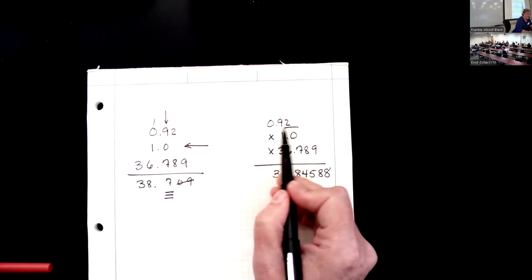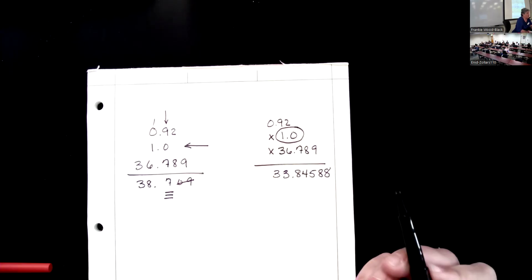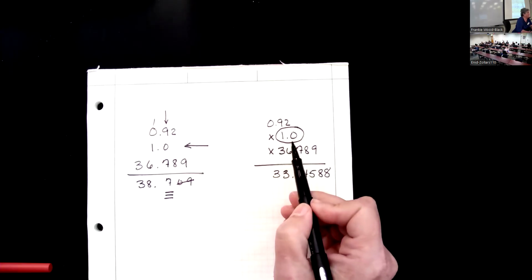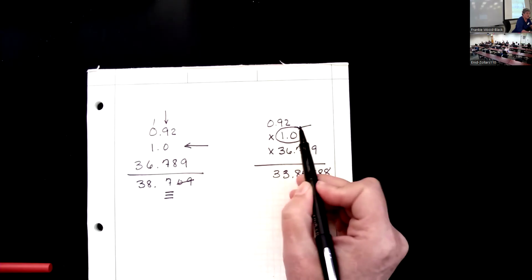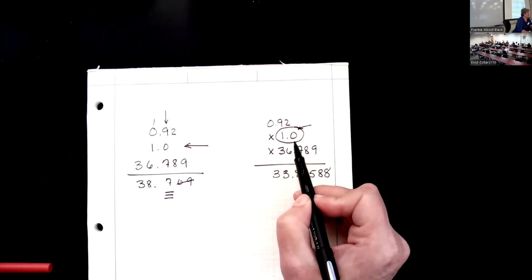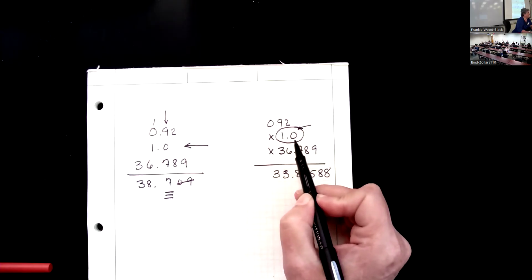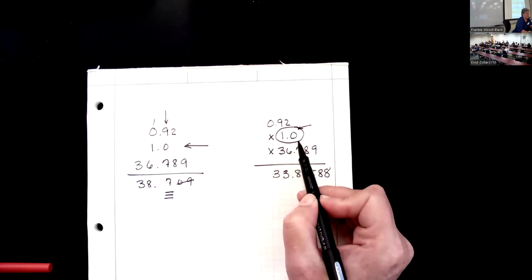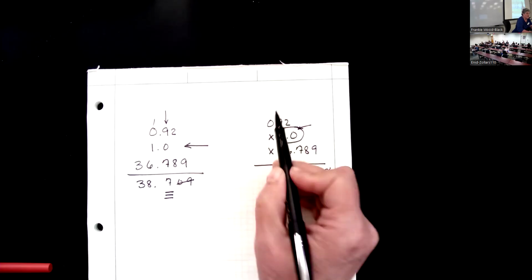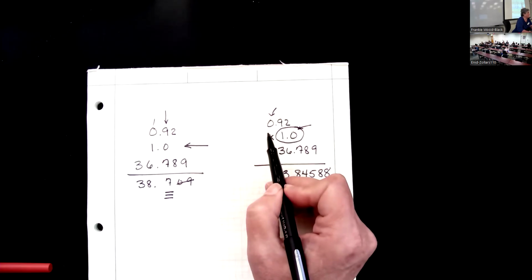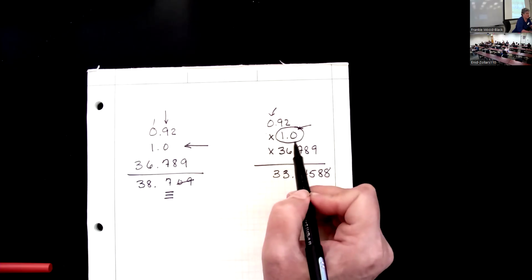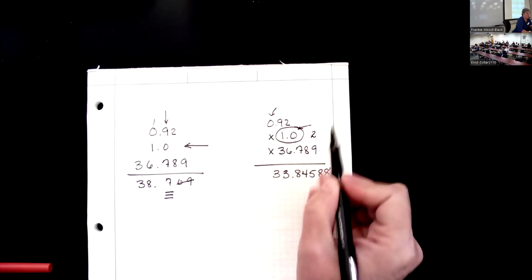I'm going to take the lowest number of significant figures. This has 2 because the 0 is significant. Any 0 that ends after the decimal place is significant. This 0 is just a placeholder, just telling you where the decimal is. So that 0 is significant, so this has 2 significant figures.